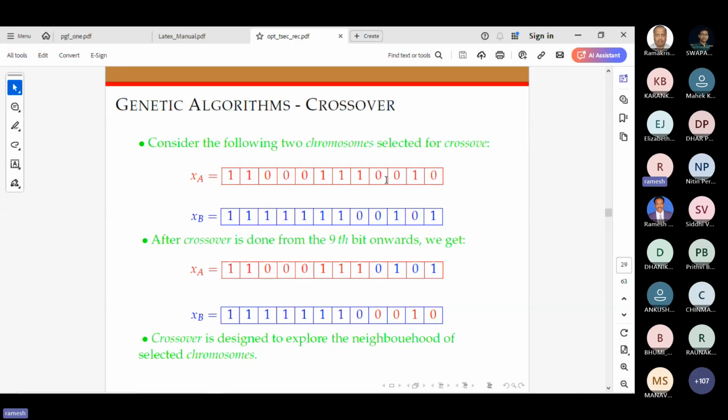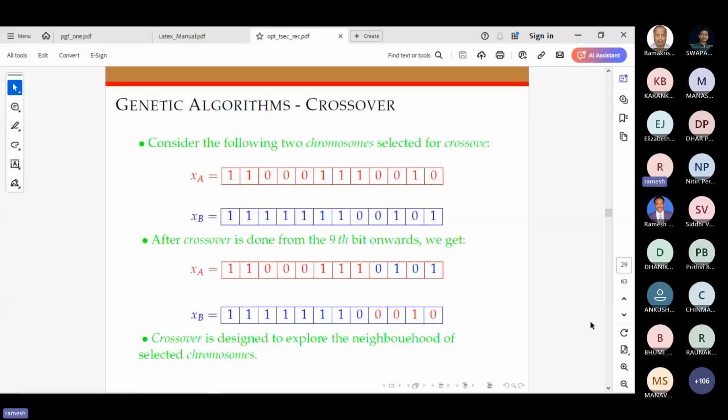That corresponds to a little exploration of the neighborhood. That means in decimal form, 1.49445 can possibly become 1.5643 or something like that. So you're in the neighborhood of that point only, but you are exploring a new point.